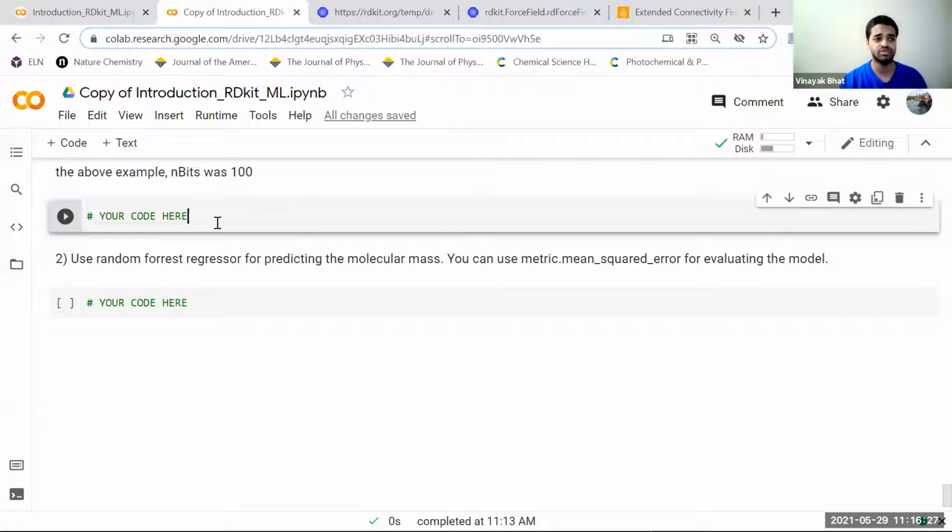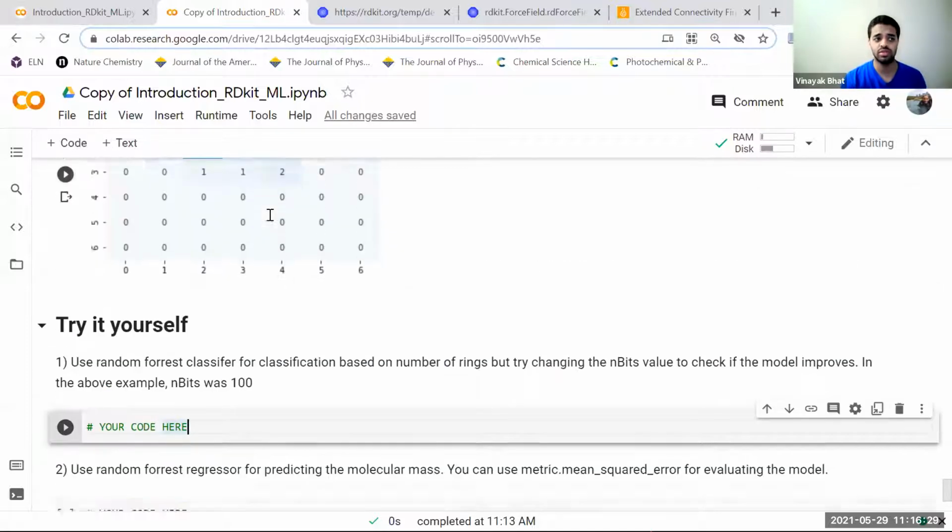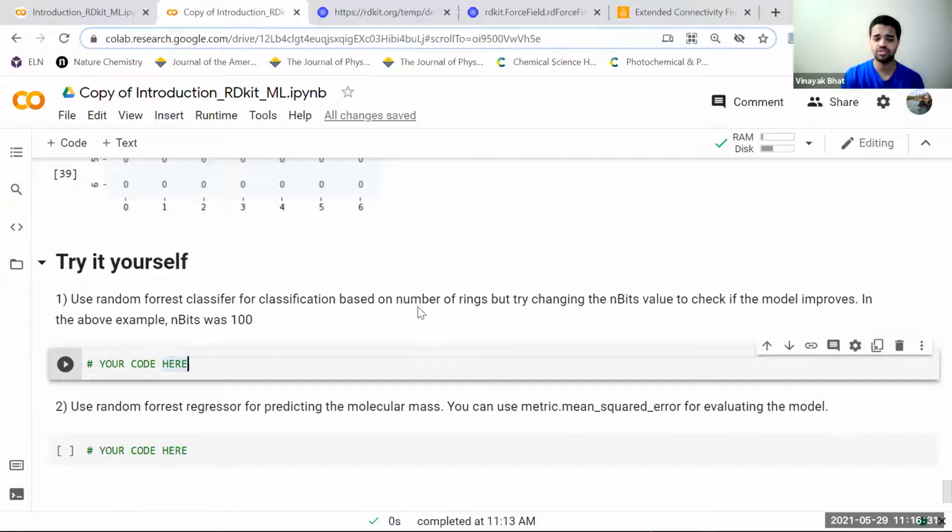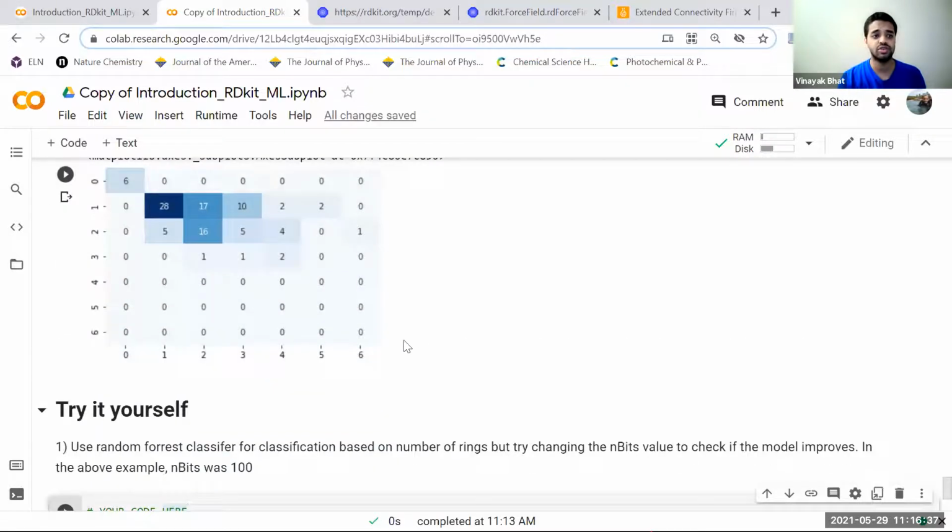So it depends on how big you want to go and whether you can get a better representation of the system. And sometimes you are even limited by the data that you have. Like in this case, you had only 1 molecule with 6 wings. So maybe the machine did not get trained well in identifying molecules with 6 wings in the system. So you can also be limited by the data that you have there.